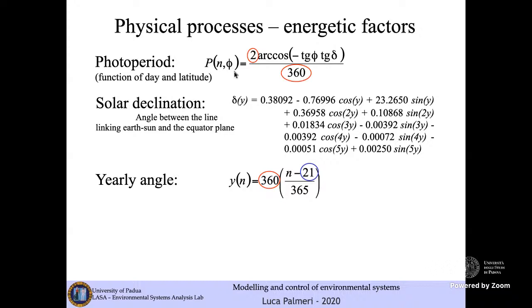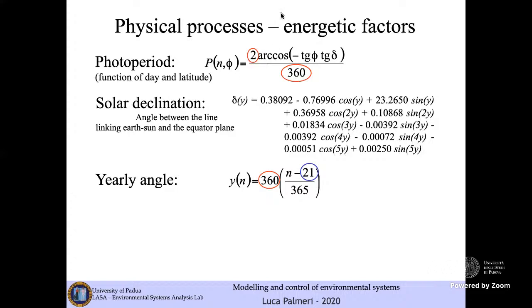So at different latitudes, as you know, we will have different photoperiods. For example, down in Cameroon, we are quite close to the equator, so you have quite stable photoperiodic conditions, in which you have more or less 12 hours light and 12 hours dark during the 24 hours day period.